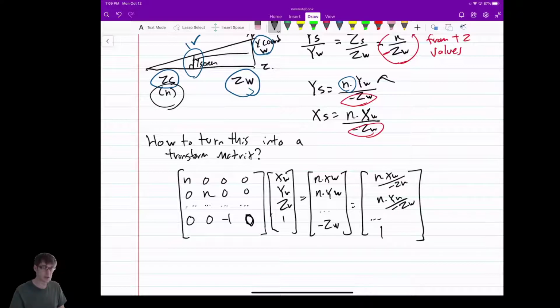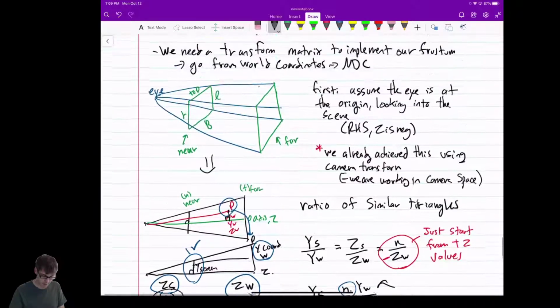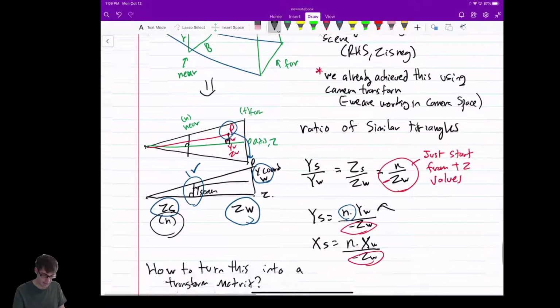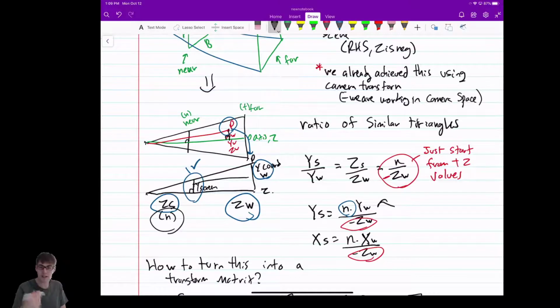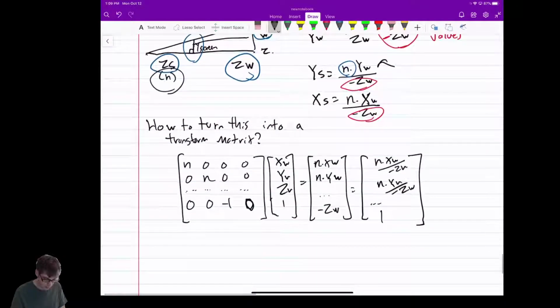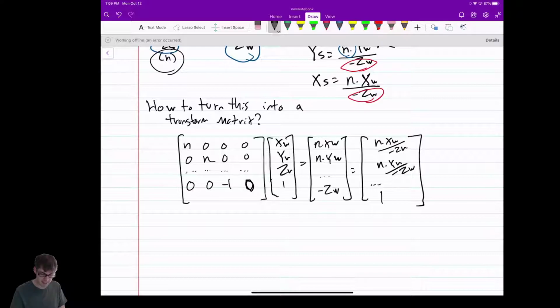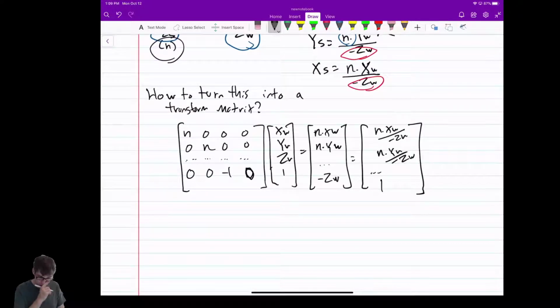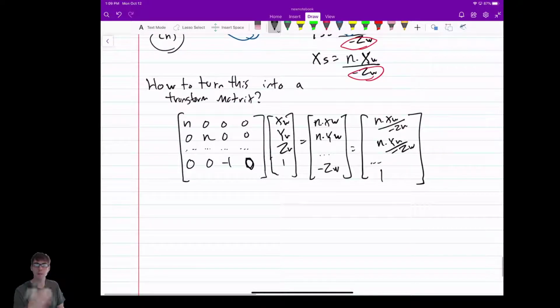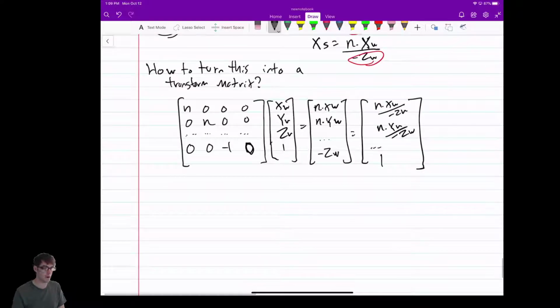Perfect. So we've now shown how we can start to model this frustum and start to turn pieces of it into pieces of our transformation matrix. The near plane, we can turn that into our transformation matrix. We can just multiply that in, and we can solve for that part of the equation. Now, this handles our perspective quite nicely. But we need more than that.